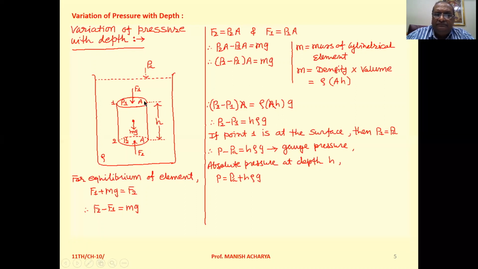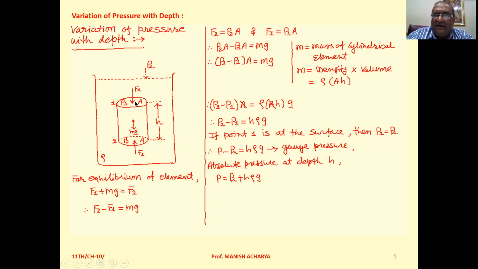Then for that, first of all, consider one cylindrical fluid element as shown in this figure, for which the cross-sectional area of the cylinder is A, and the upper surface of this cylinder is at point 1, and the other cross-sectional end is at point 2.